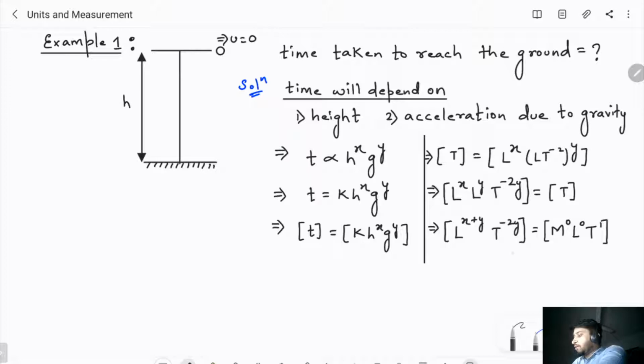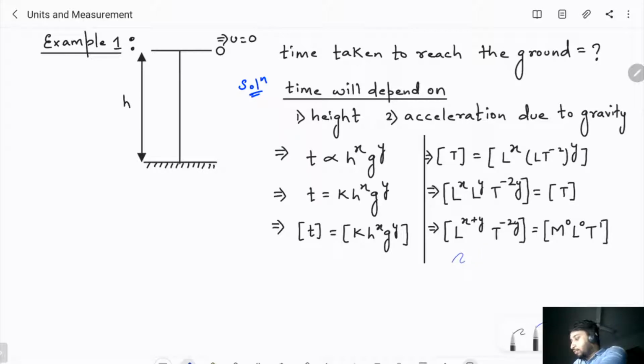Okay. So now the idea is that we will equate the powers having the same base. Okay. So here the power of L is x plus y on the left hand side and power of L is 0 on the right hand side. So these we can equate and we can get equations. Okay.